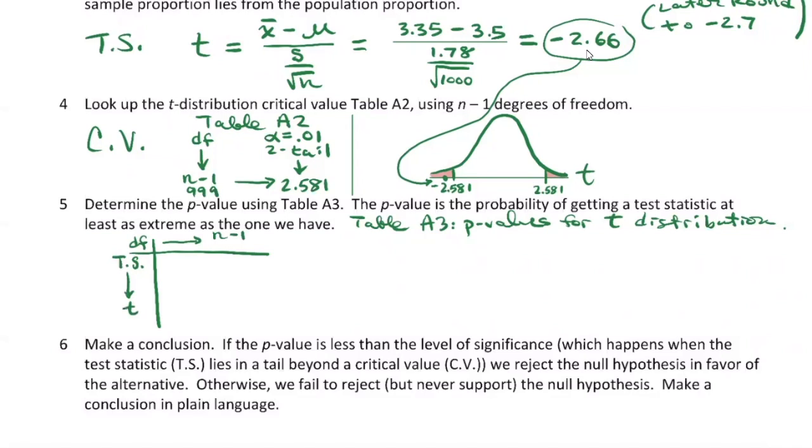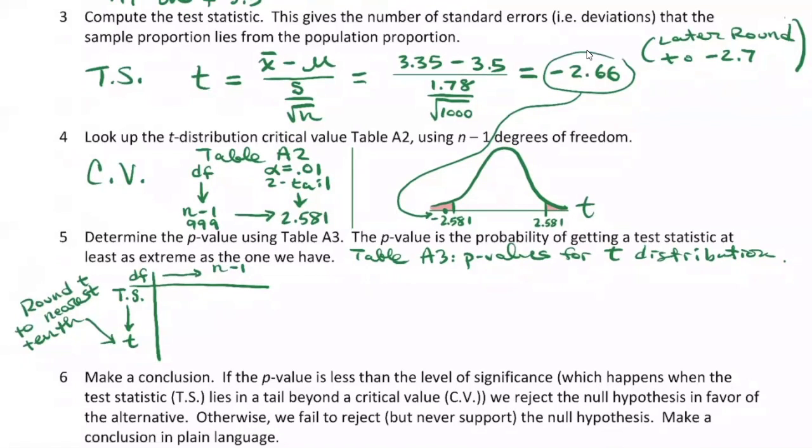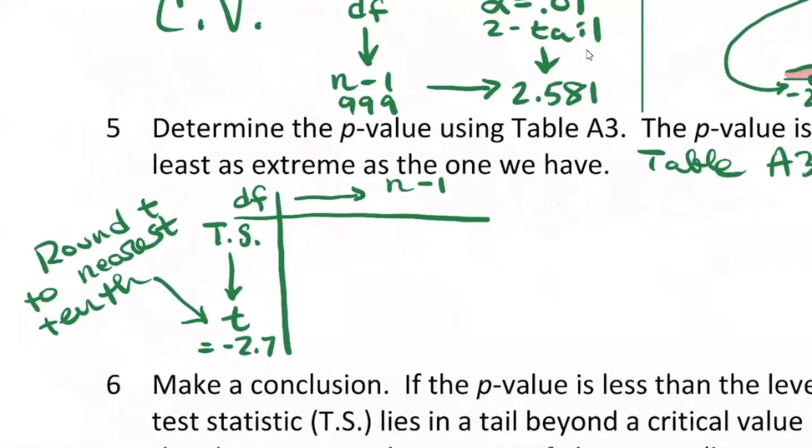And the t needs to be rounded to the nearest tenth. So that's why I was saying we'd have to take that negative 2.66 and round to a negative 2.7. The degrees of freedom are still 999, so you use the same thing there.